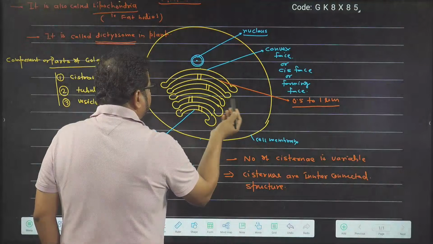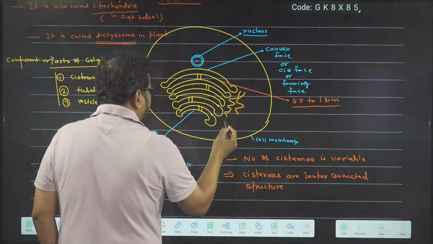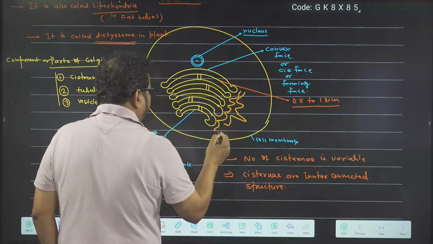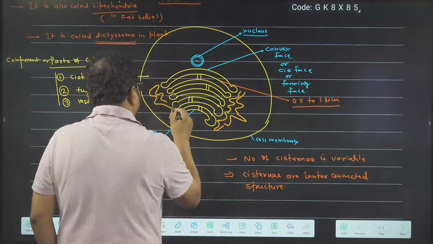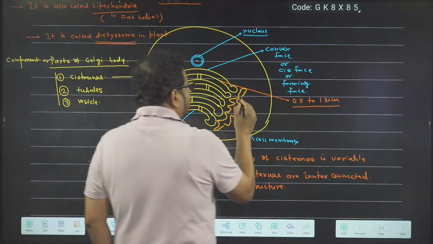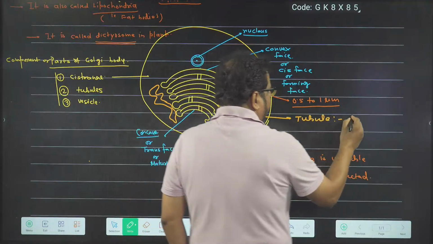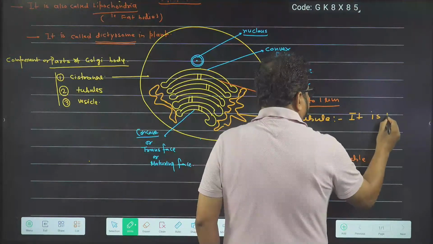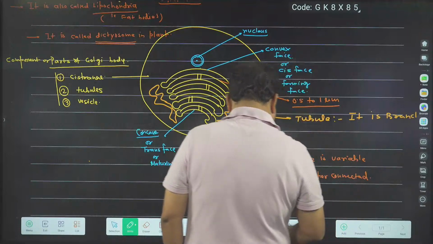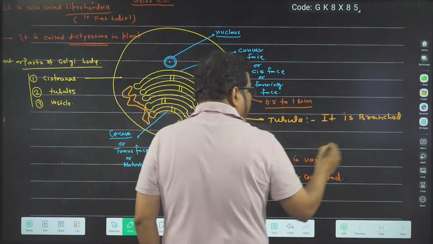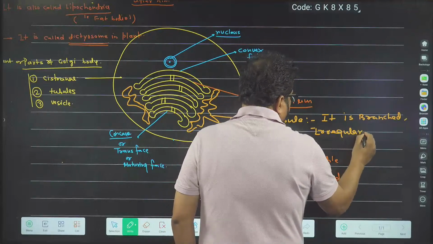It is a tubular structure, branched, irregular, tubular structure. I am just making it like this, tubule.